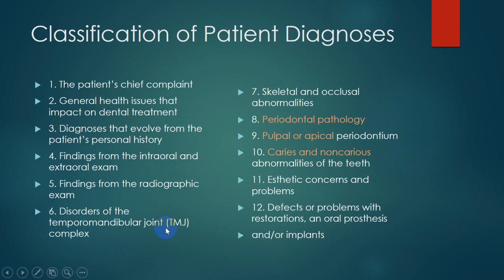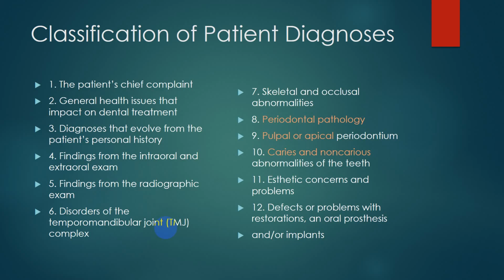Now, please remember that the patient diagnoses or the problem list are not only dental. You are dealing with a human being. You are dealing with a patient. You have discussed a lot of points with the patient about the dental history, medical history, extraoral examination, intraoral investigations, chief complaint.